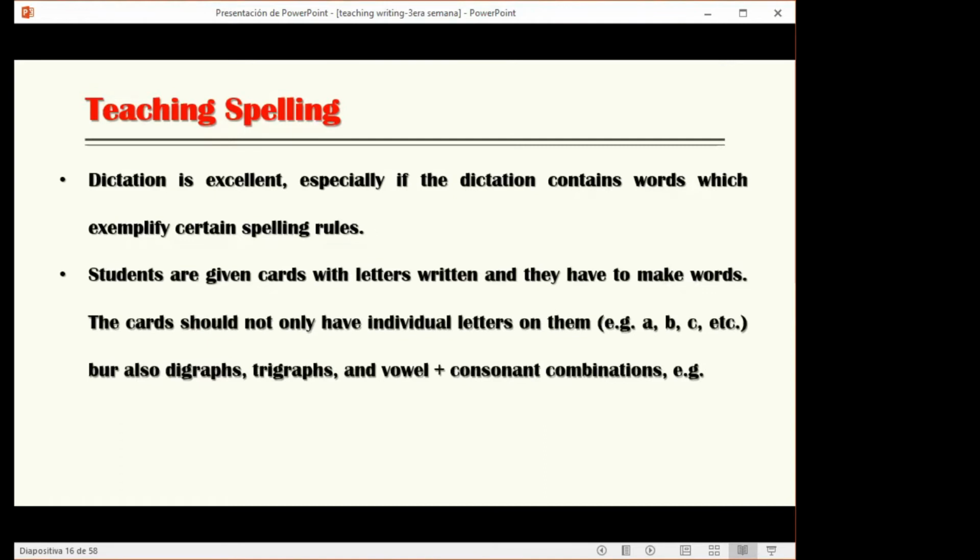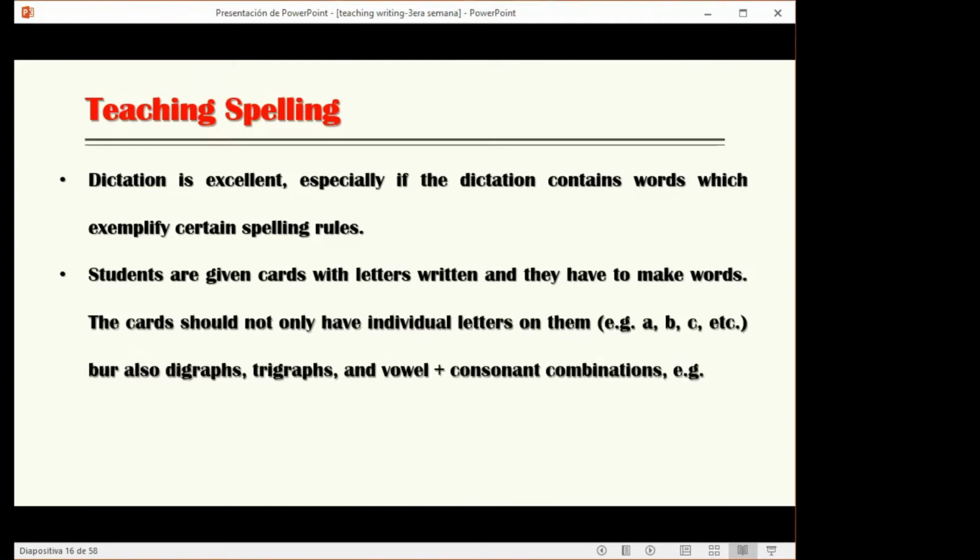The cards should not only have individual letters on them, but also digraphs, trigraphs, and vowel plus consonant combinations. So you give your students cards with letters, and they need to make words with these letters. They need to finish, or maybe they need to add something before or after. It depends on you.